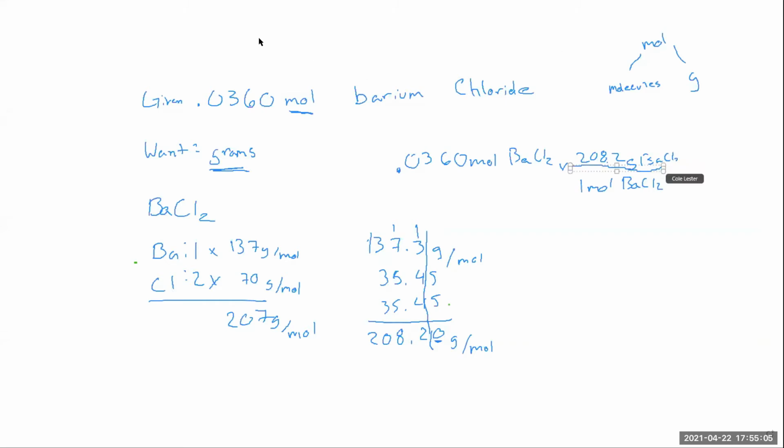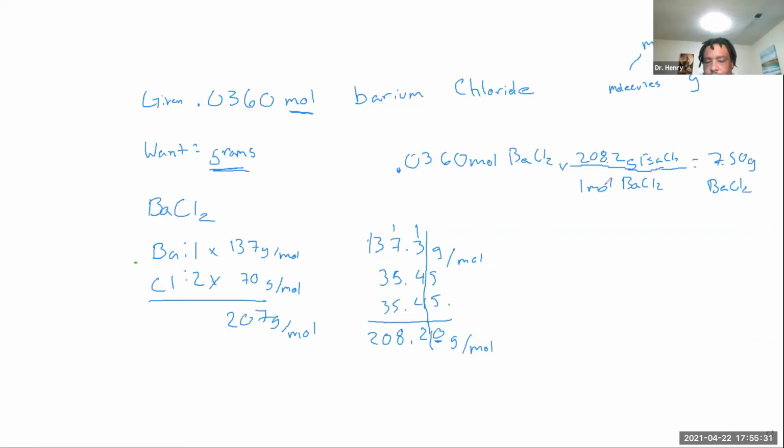Okay. So your answer would be 7.50 grams over mole. So is it going to be grams over moles? Oh no, grams. Why is it just grams? Oh, that's because the moles cancel out.